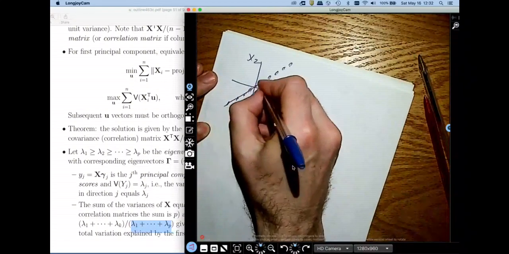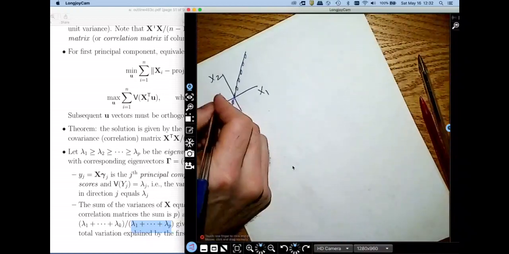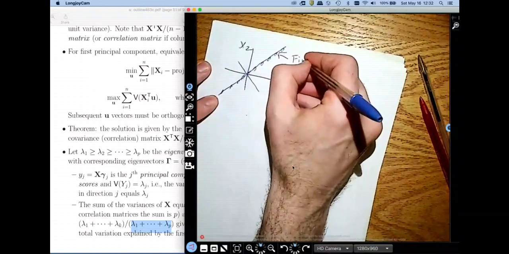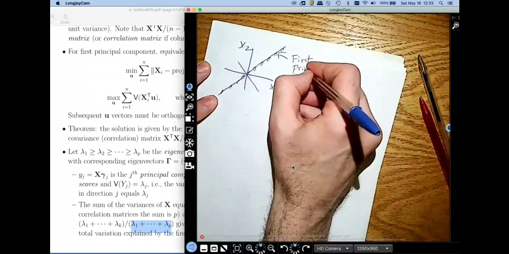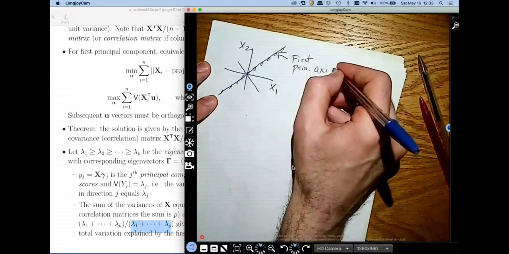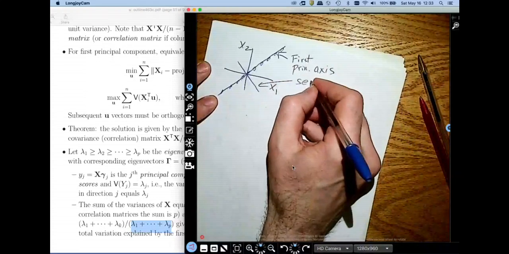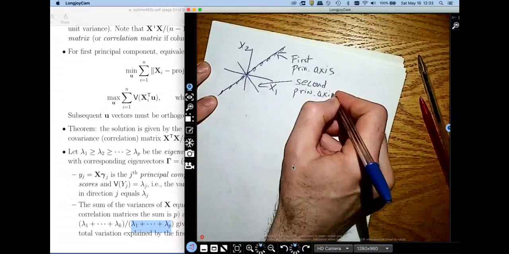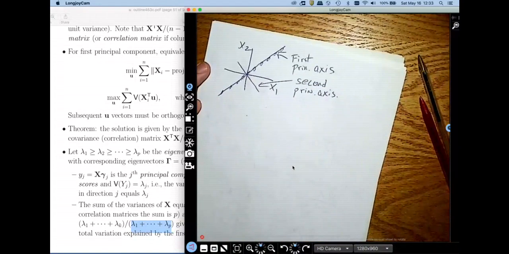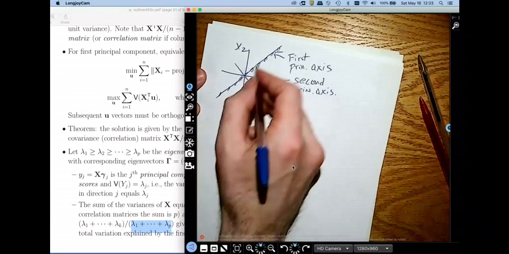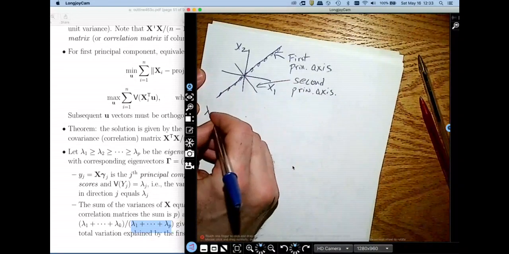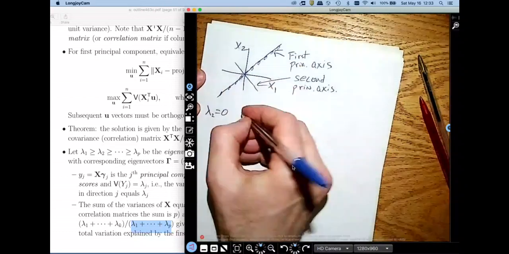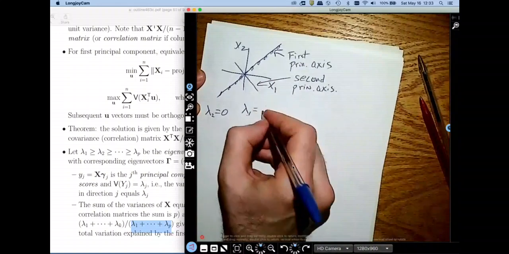Well, this would be the first principal axis, and this would be my second principal axis. What I'd like you to note is there is no variance in this direction. So lambda 2 would be 0, whereas lambda 1 is going to be fairly big.